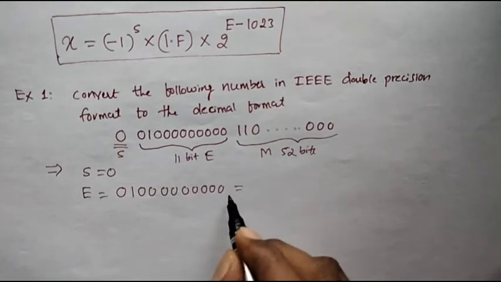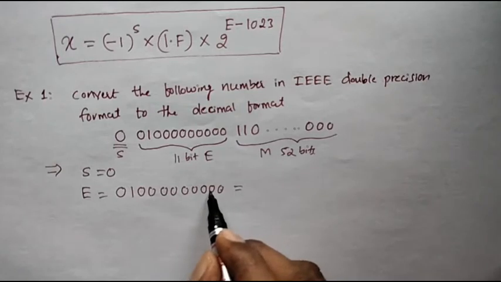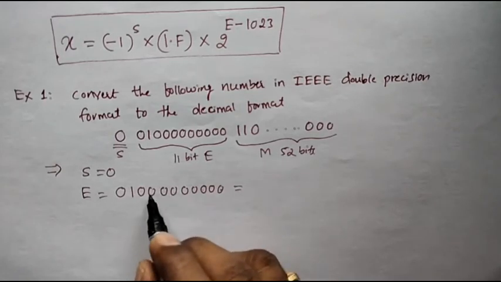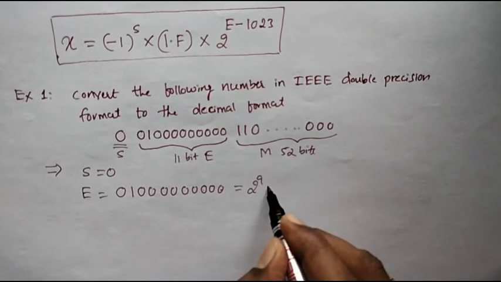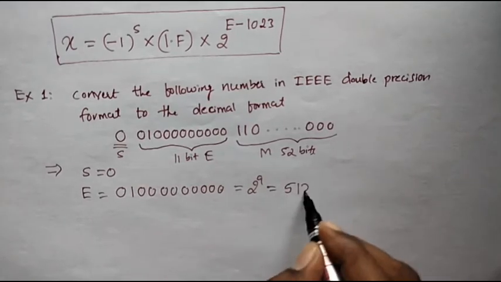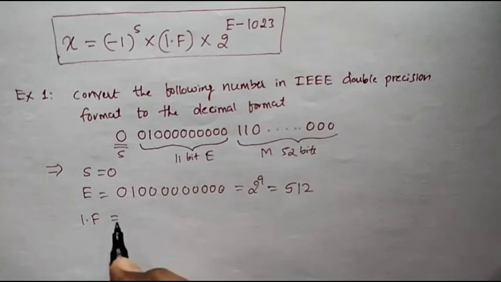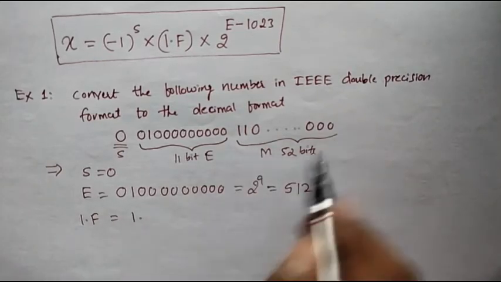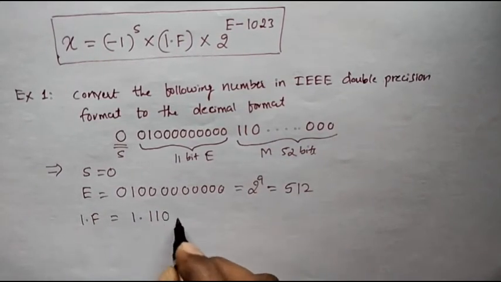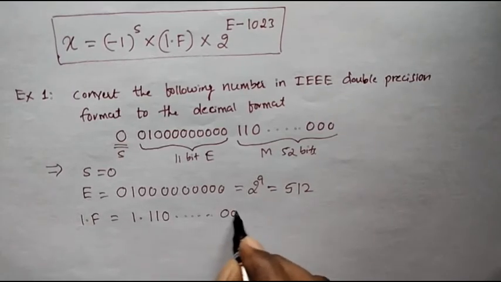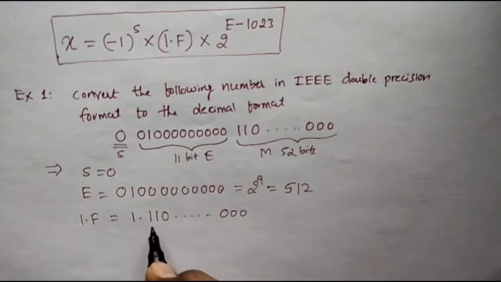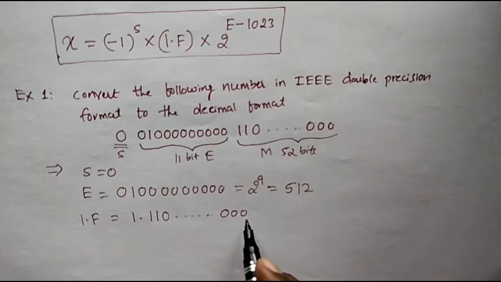So here the given exponent is in binary. Converting this into decimal, we get 2 power 9, which is equal to 512. Similarly, 1 dot f can be represented as 1 dot the remaining mantissa, that is 110, followed by all zeros. The total length of this is supposed to be 52 bits.